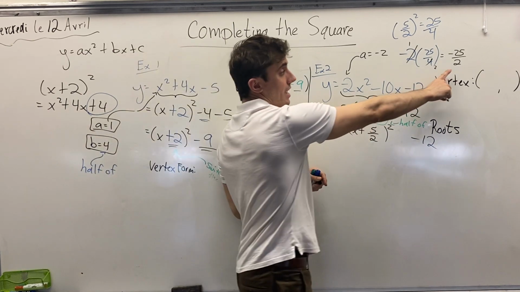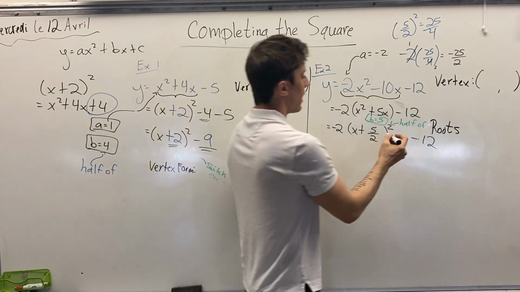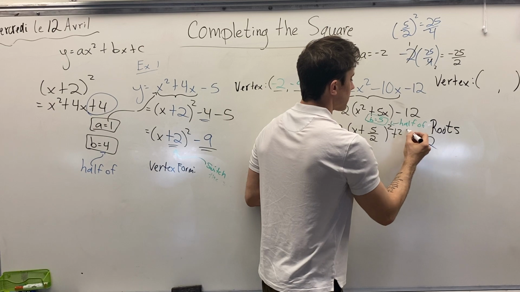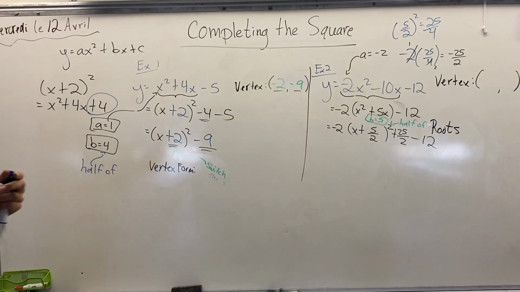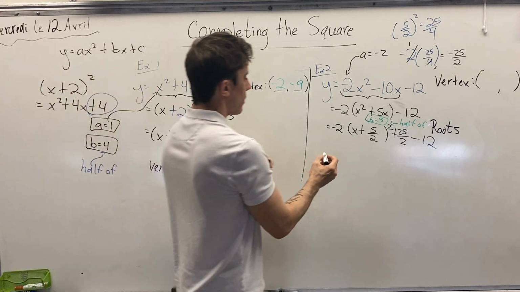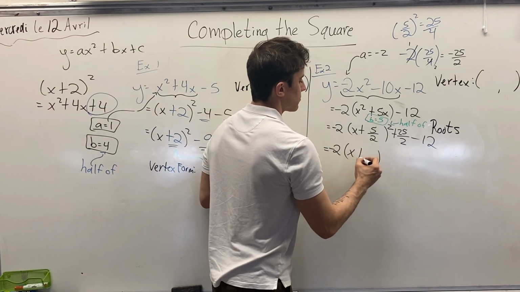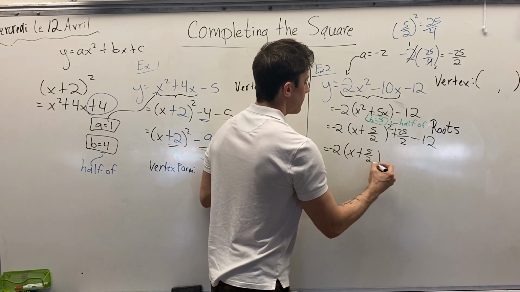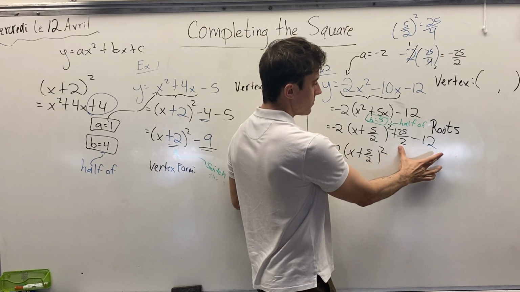And so to balance out this negative 25 halves out of thin air, we have to do the opposite and add 25 halves. Okay? So now we can continue. We still have negative 2 bracket x plus 5 halves all squared. And now we can combine these two terms.